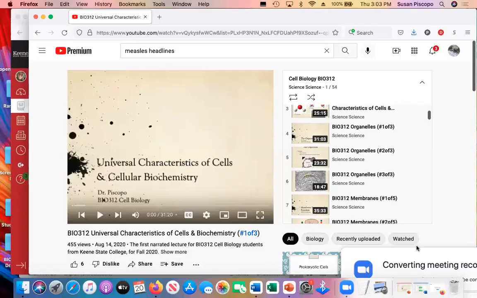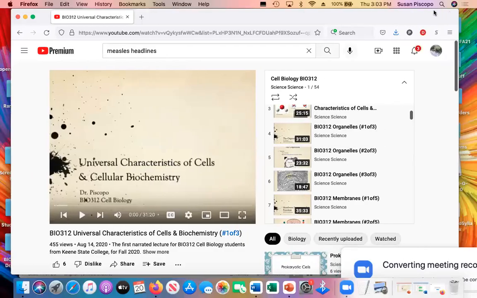Is the outline on both of those links for the slides, like the universal characteristics of, and the biochemistry? The first lecture is universal characteristics of cells and biochemistry. We'll finish that today together because that one's a little more complex. So I want to make sure we go through it together.